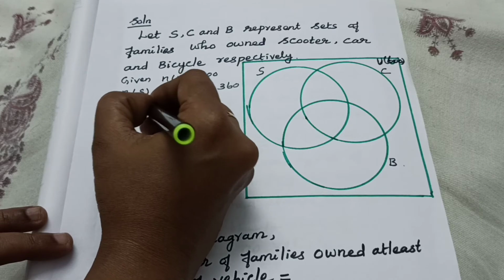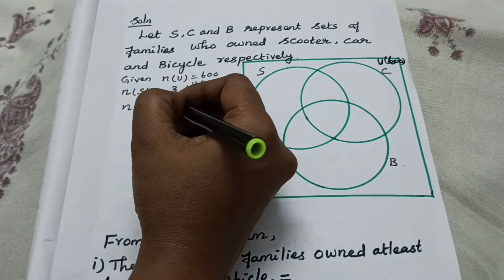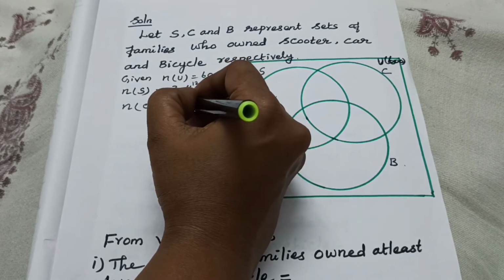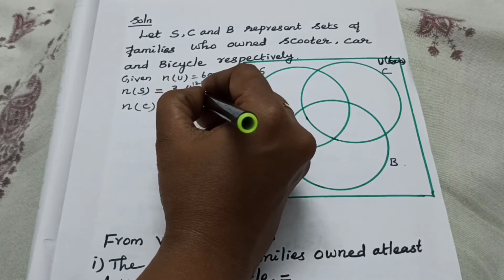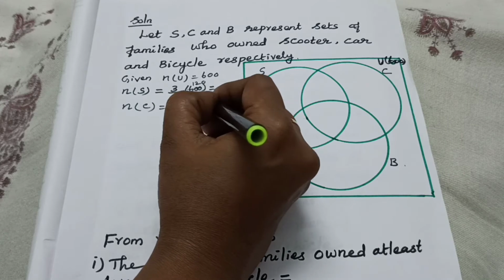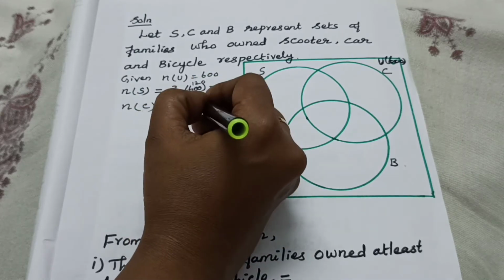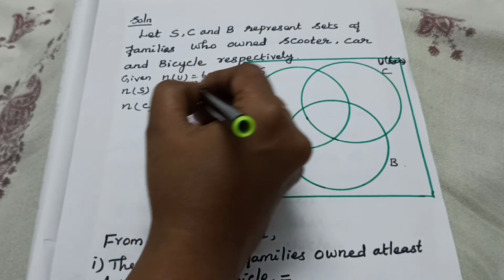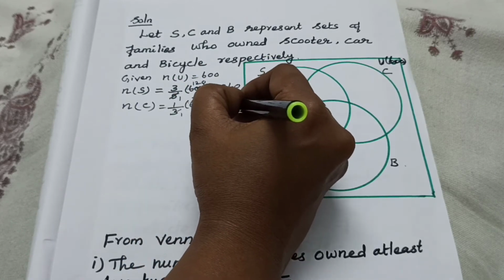Then n of C, how many of them use car? That means 1 by 3 of 600. 1 3 is 3, here 2 0 0, then equal to 1 into 200, which is 200.